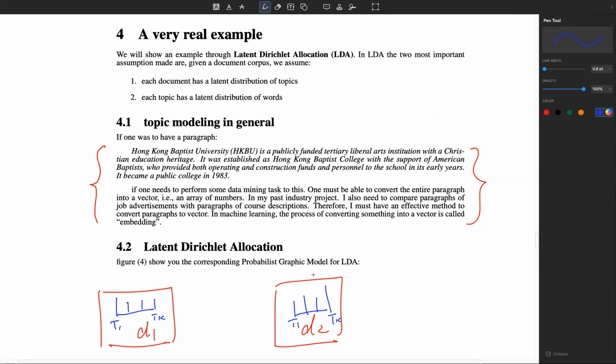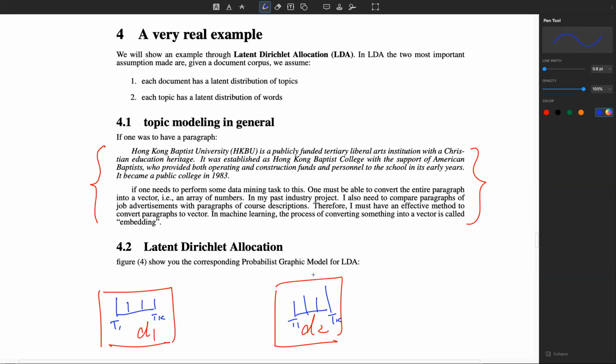Every document talks about different topics. If you read a document, you'll say this document is 20% sports, 80% entertainment. The other one is 80% entertainment, 20% sports. But you appreciate the fact that we cannot see this information directly. It's all latent information.